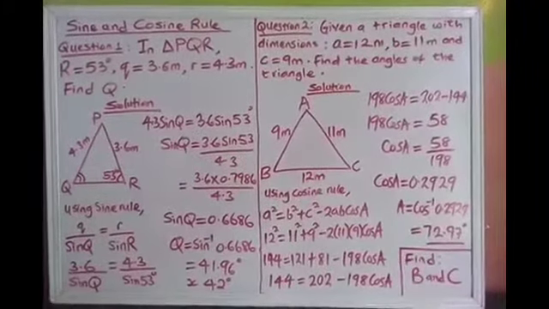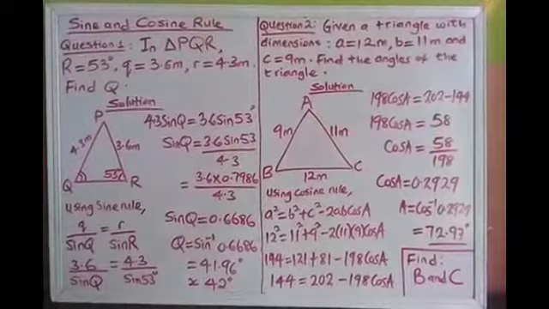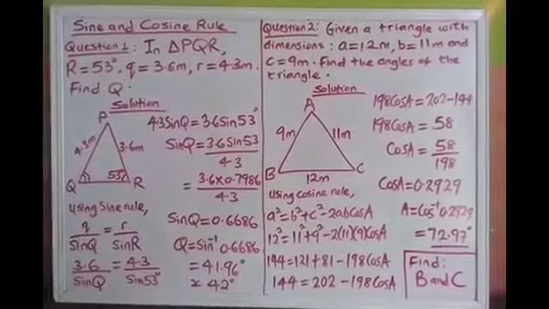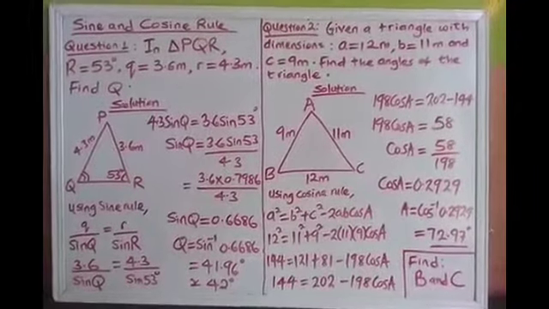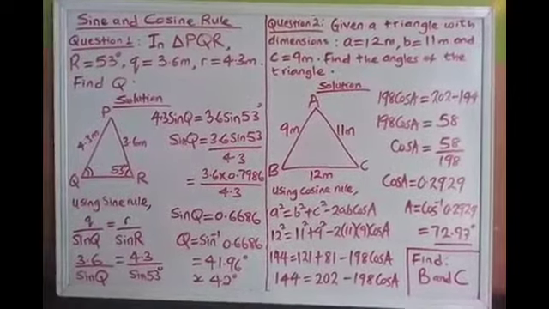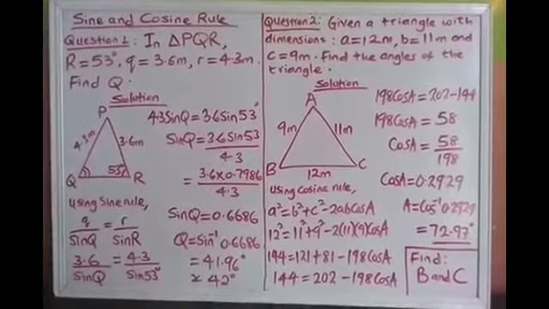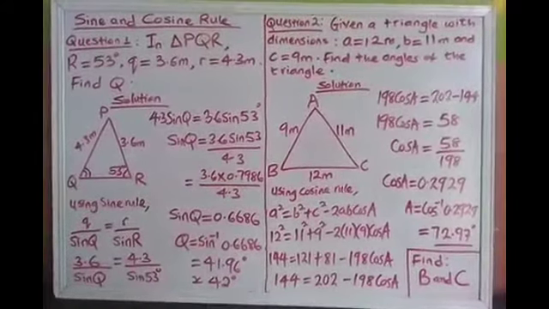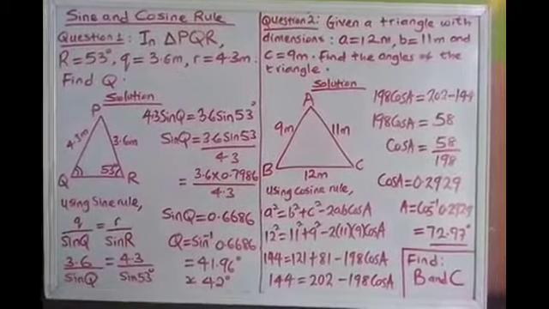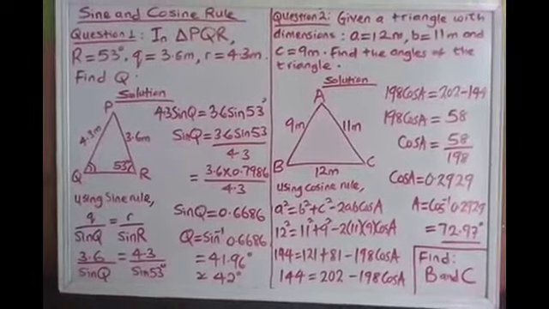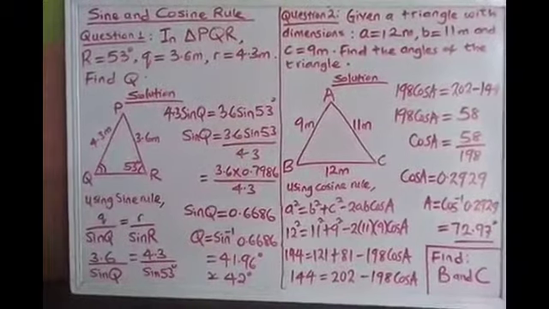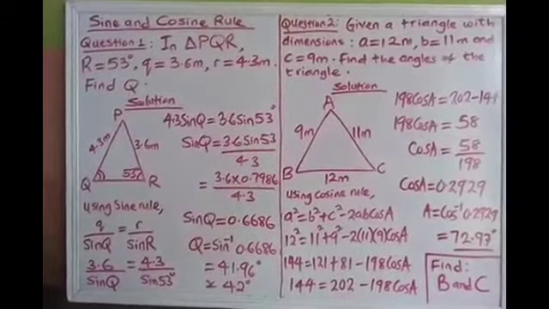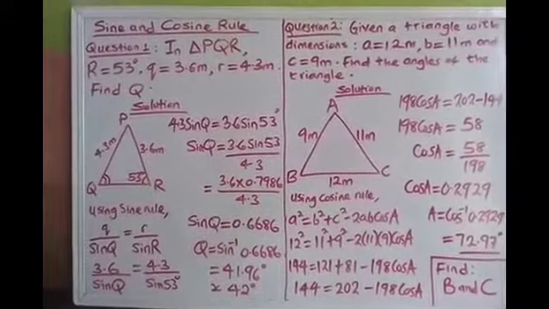The first question: in a triangle PQR, big R equals 53 degrees, small q equals 3.6 meters, small r equals 4.3 meters, we are asked to find big Q, the angle. The first thing, we shall draw the triangle and input the given data.